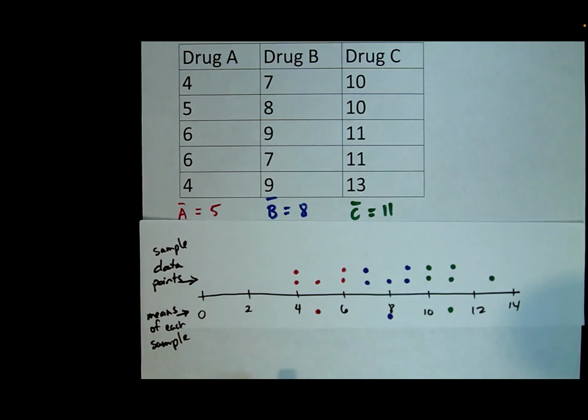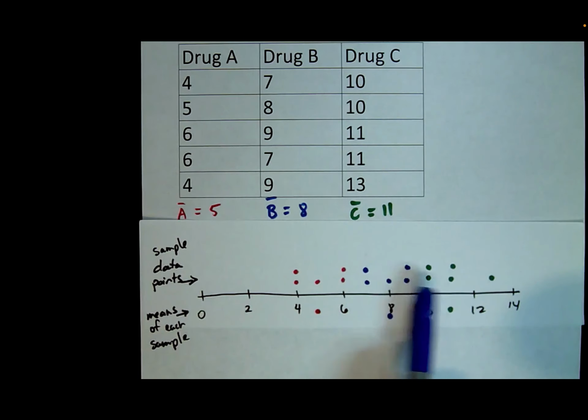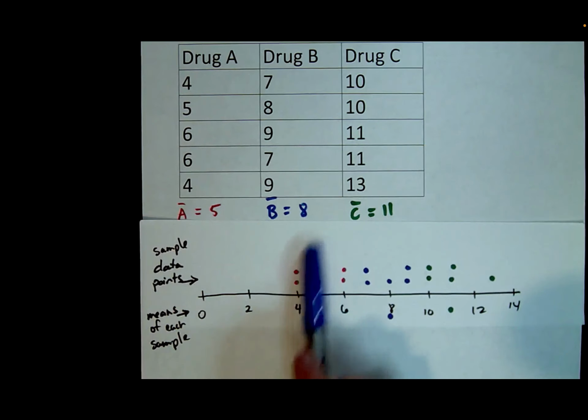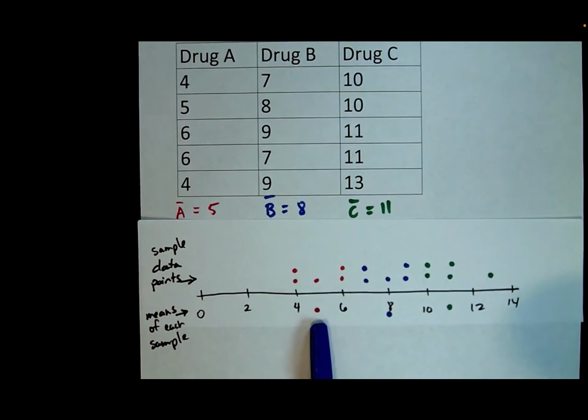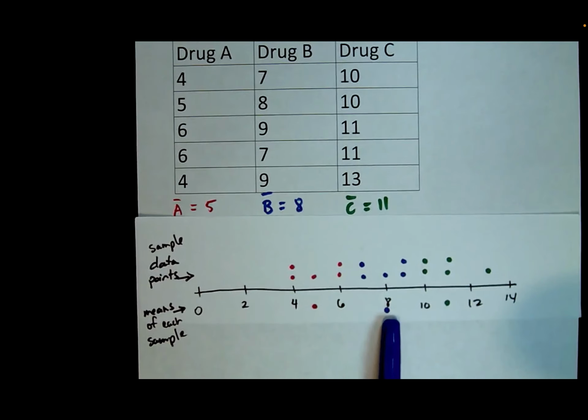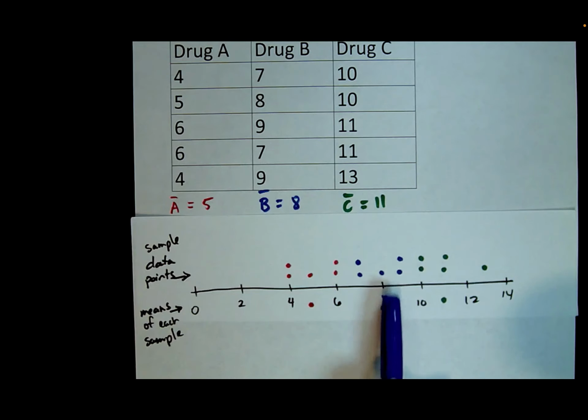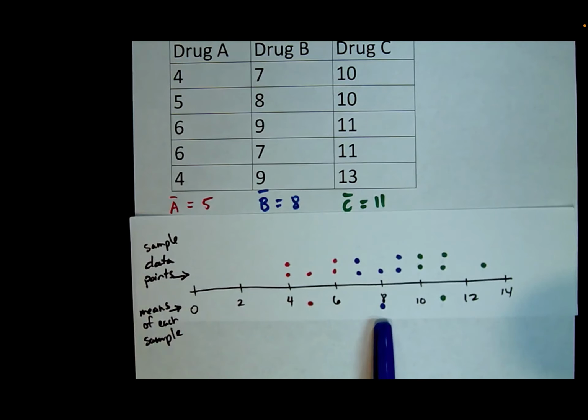But in this case, you look at the way our samples are clustered, and if you compare the sample to the mean, it really looks like the population for drug A is clustered in this region and probably does have a mean that's different from the mean of the blue dots, because they're clustered in a different area, and so it's natural that they should have a different mean.